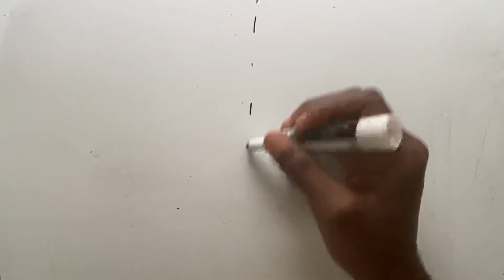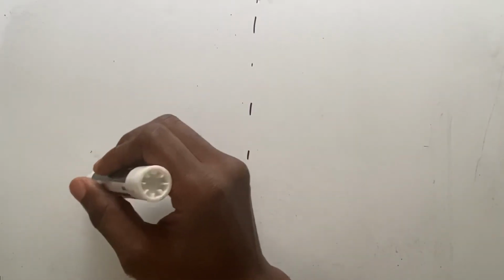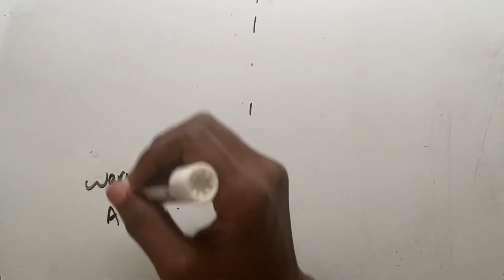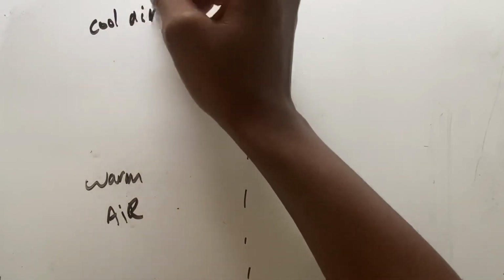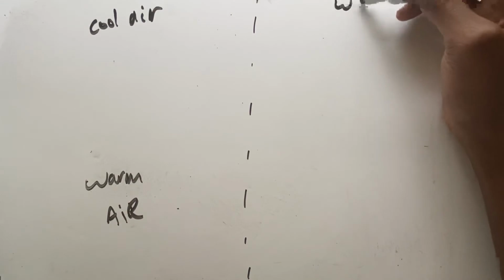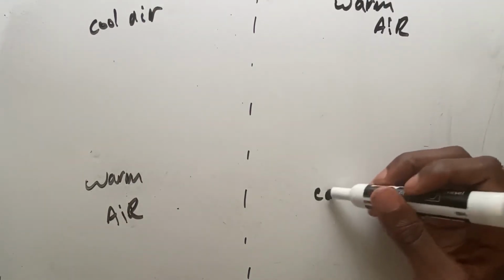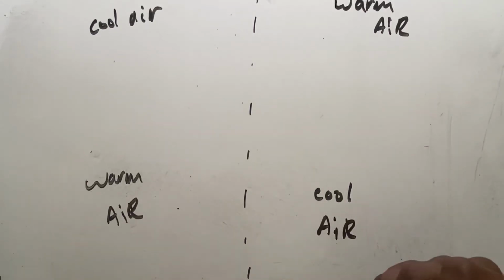Cut this in half. Over here we have warm air on the bottom. Up here we have cool air. Let's say over here it's the opposite. It's warm air, cool air.